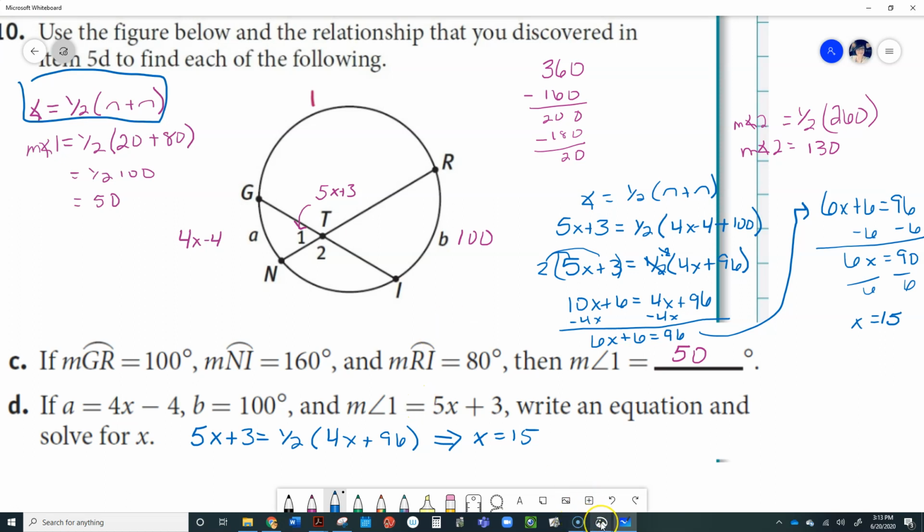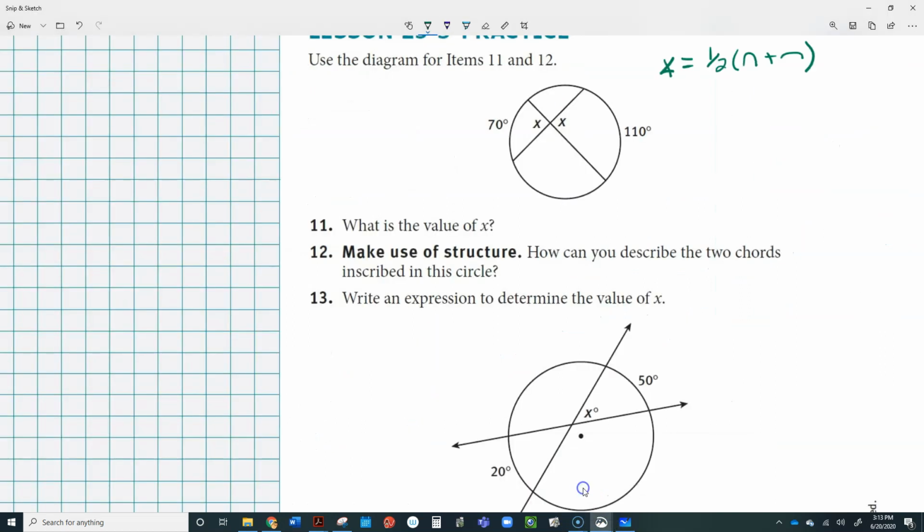Okay, let's see what else we got. This is number 11. What's the value of x? Well, that's pretty straightforward. We're using the formula. The angle is equal to half the sum of the arcs. So x is listed as the angle. It's equal to half the sum of the arcs. And the sum of the arcs looks like it's 180.